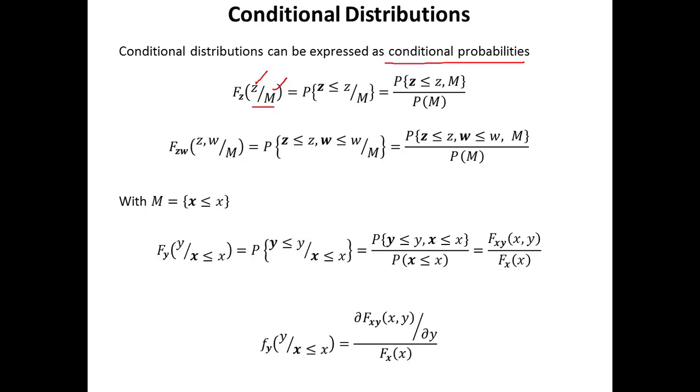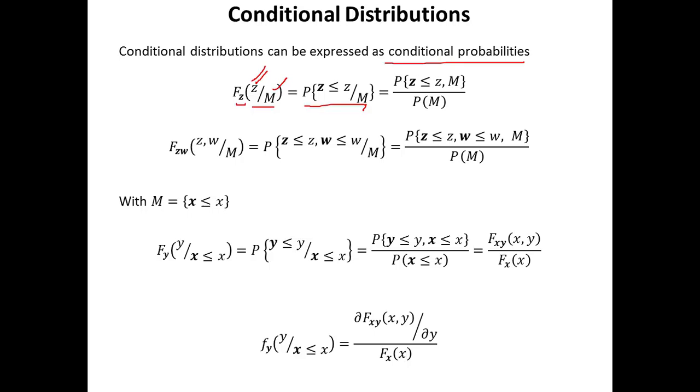So this CDF of conditional event Z over M is given as the probability of random variable Z less than or equal to this value z provided that event M has already happened. This is the reason why it is called conditional probability and conditional distribution.